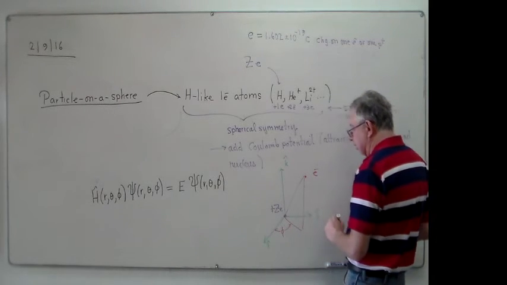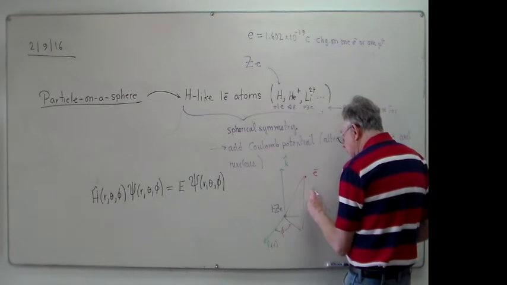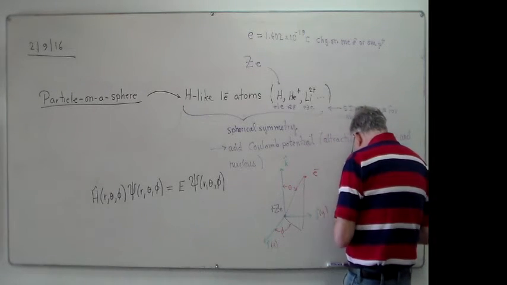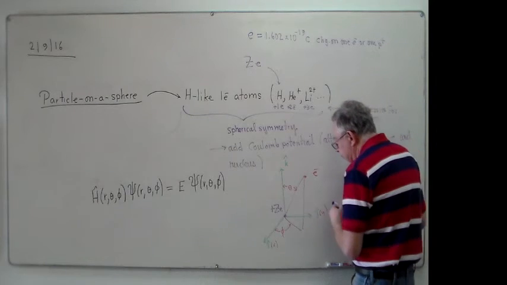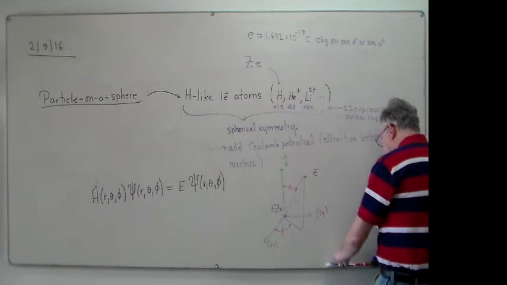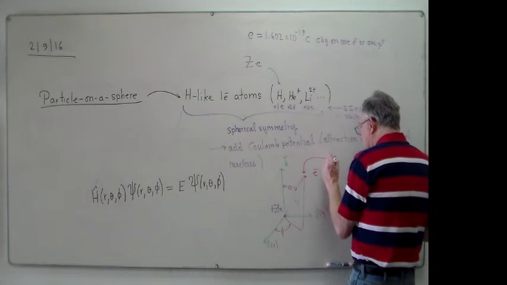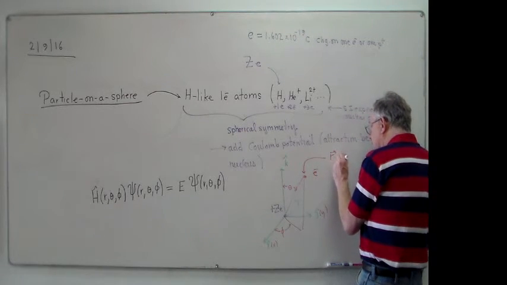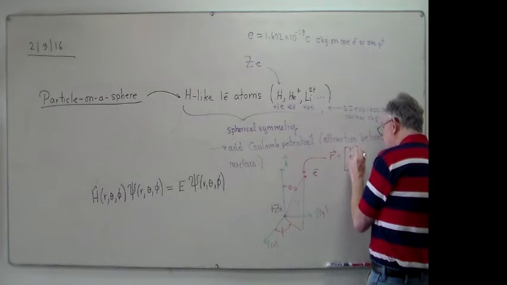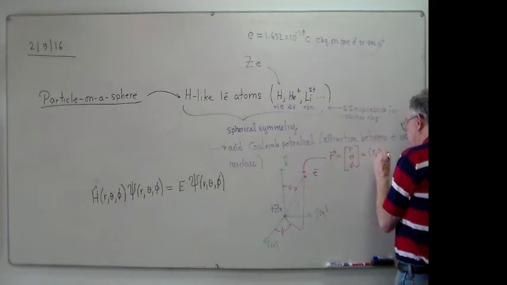That's a phi coordinate in the xy plane. i goes with x, j goes with y, and then up here there's a theta coordinate off the z axis. And then there's a radial distance r. And so the electron's at the point relative to the origin, r vector equals r, theta, and phi.